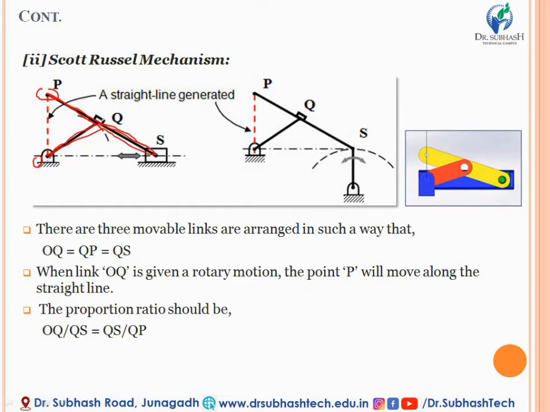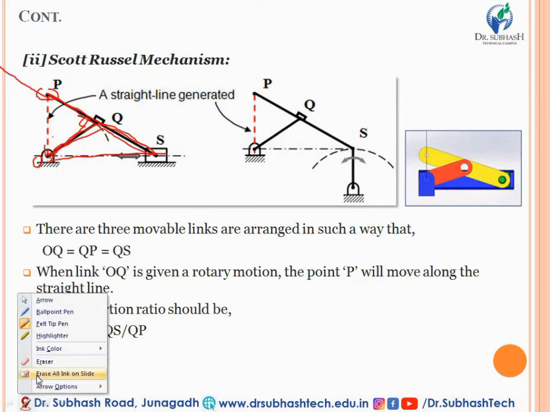That means if you give a little rotation to the link OQ, then the point P which lies on the link PS will move in a straight line, and its direction of movement will always remain perpendicular with respect to the link OS. Sorry, there is a little mistake, so let's repeat it for clear understanding.